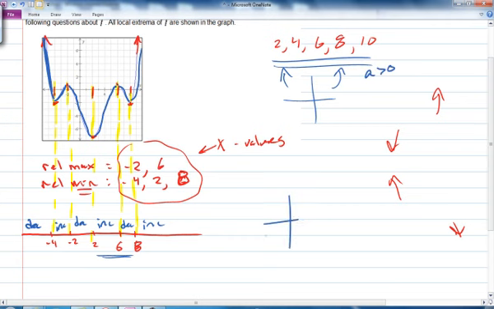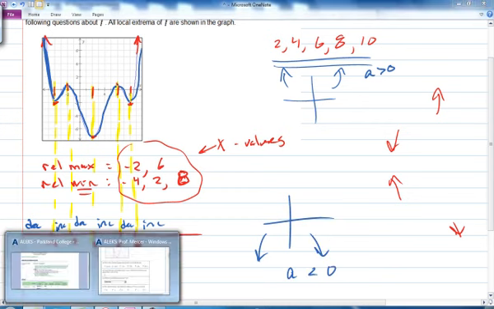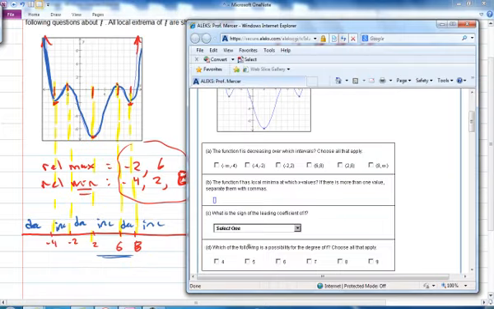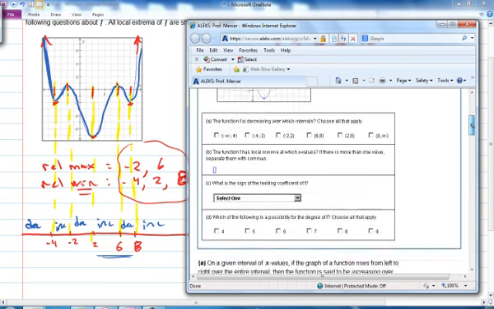If it ended up going down on both sides, we'd say that a was less than 0. So what they're asking for with that leading coefficient question is, is that positive or negative? I don't know if it'll let me answer that question now. They're just showing it as an example.